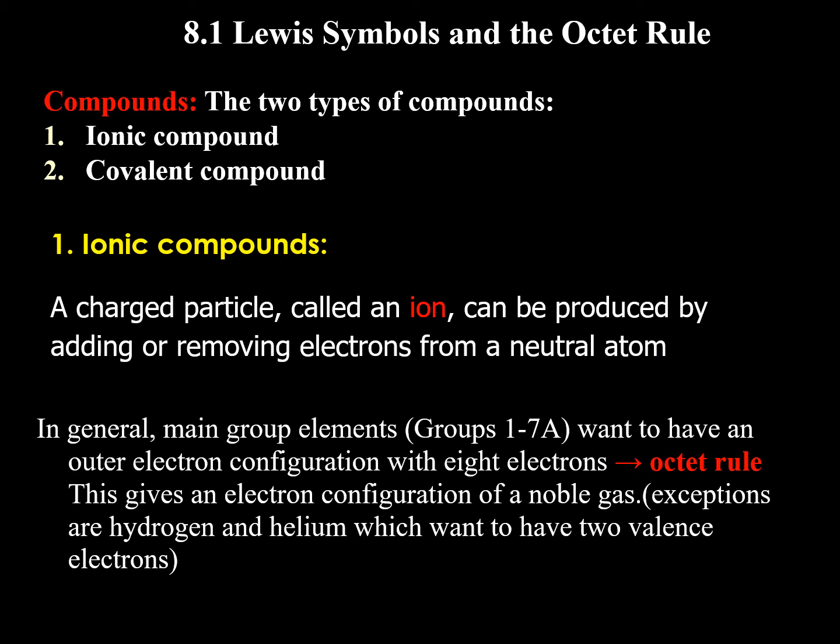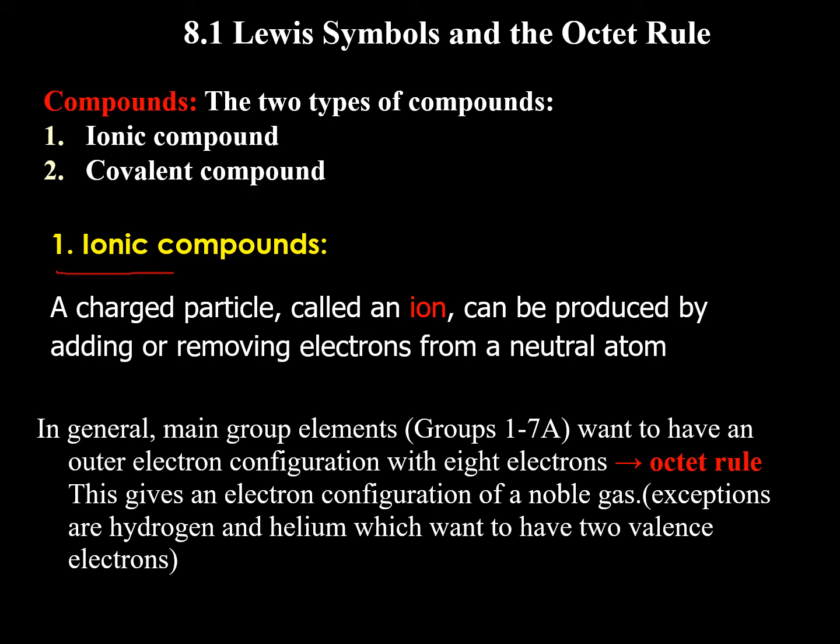So there are 2 types of compounds. We call ionic compound, which is between a metal and a nonmetal. And we have a covalent compound, which is a sharing of electrons between a nonmetal and a nonmetal. So just briefly, a little bit about ionic compounds.